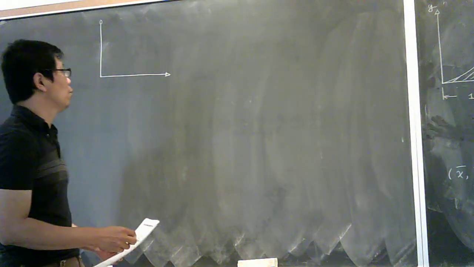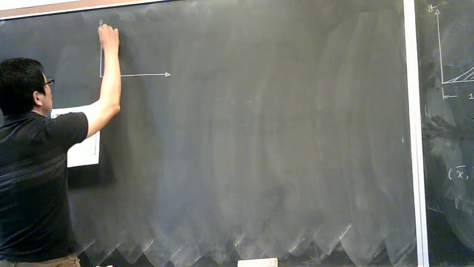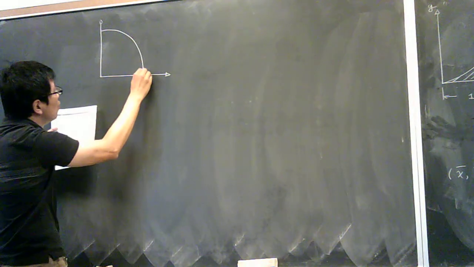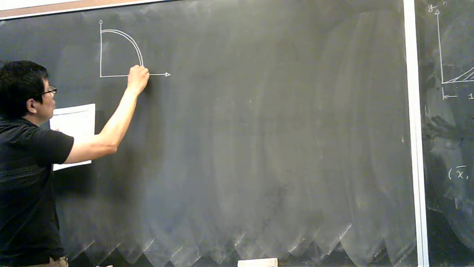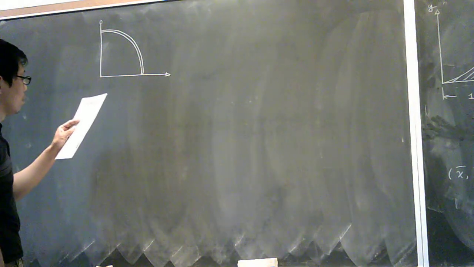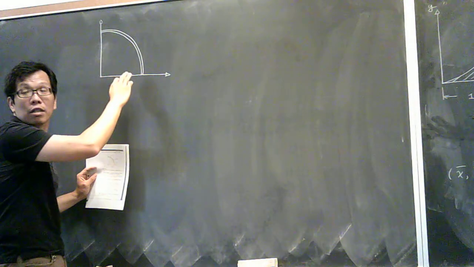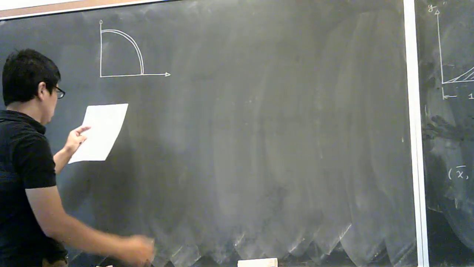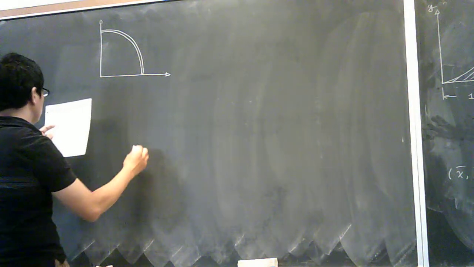It means that I'm dealing with things on a circle. So if we have a circle, I try to find the centroid of this rod, and in this case, this rod is 1/4 of a circle.